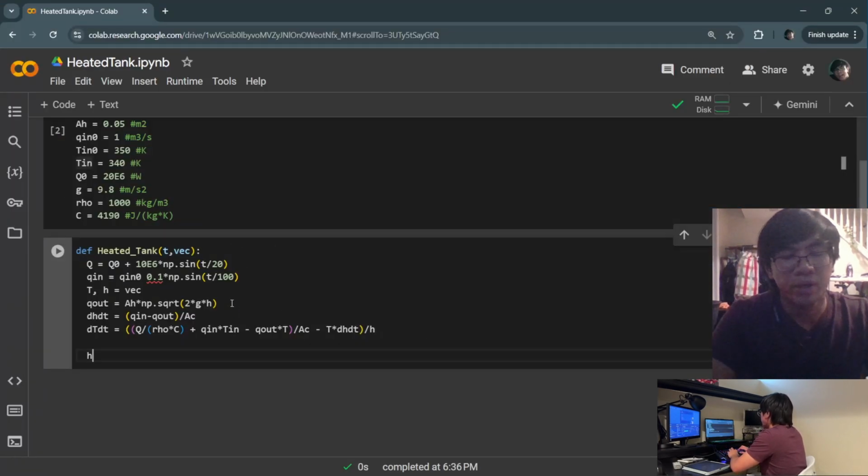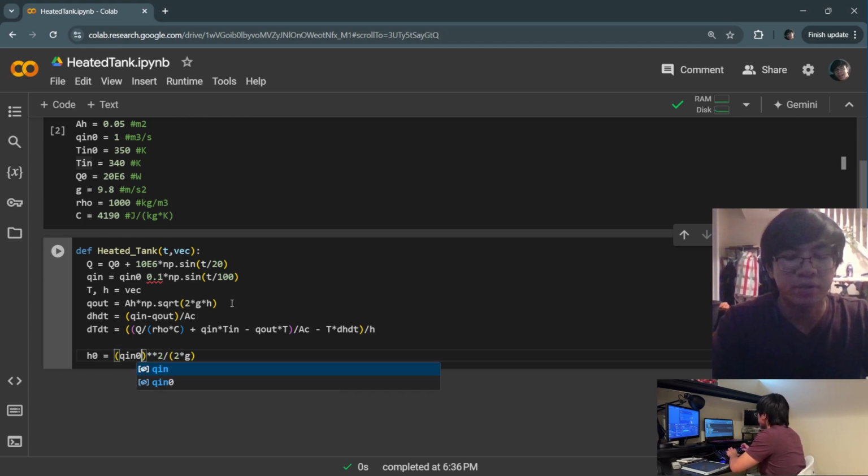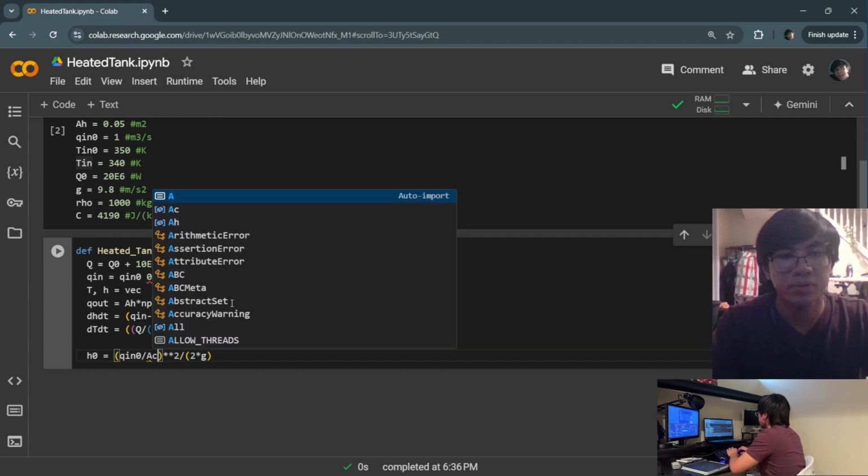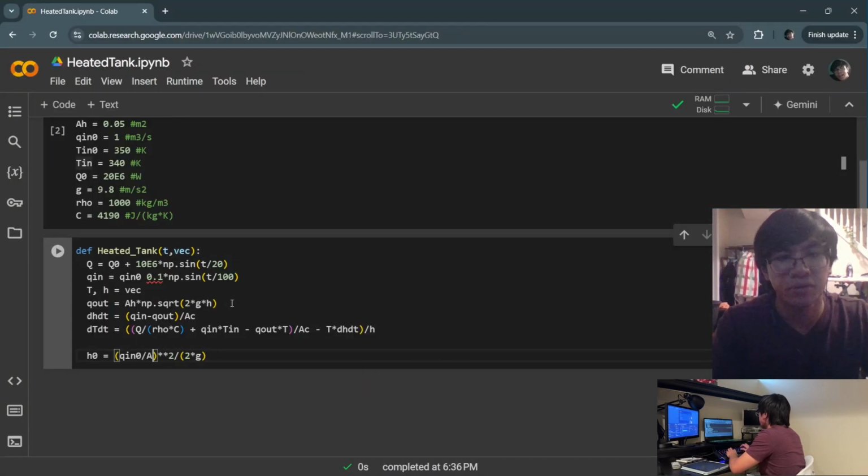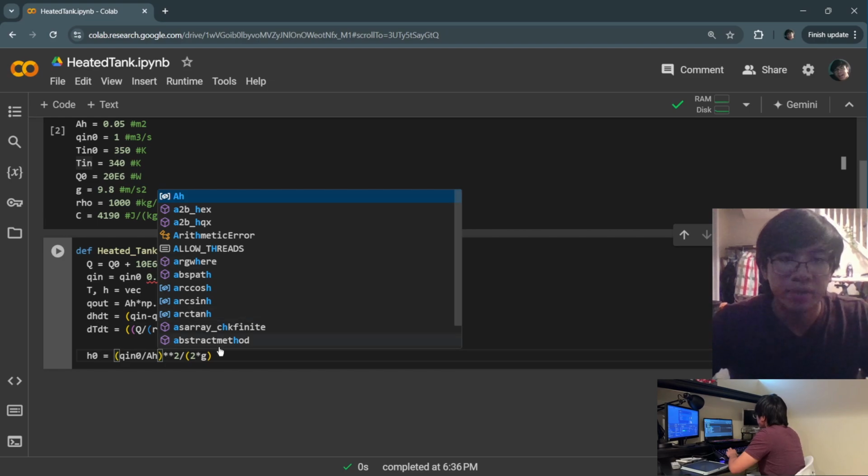So height initial: divide by 2 times g, and this component was squared, and it was Q in initial over our cross-sectional area, right?